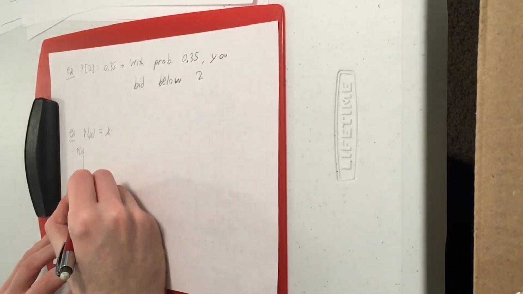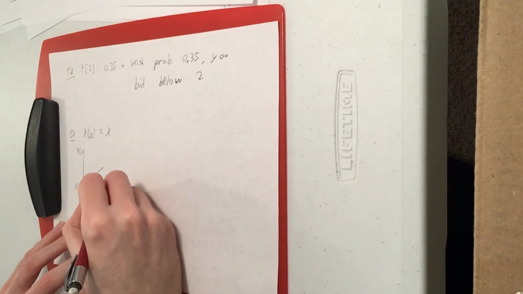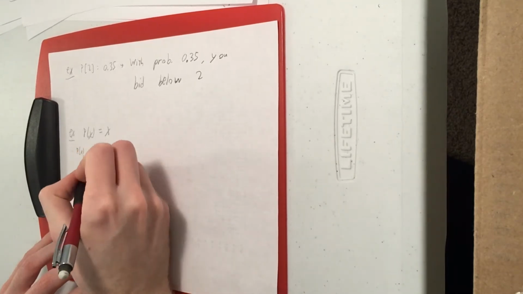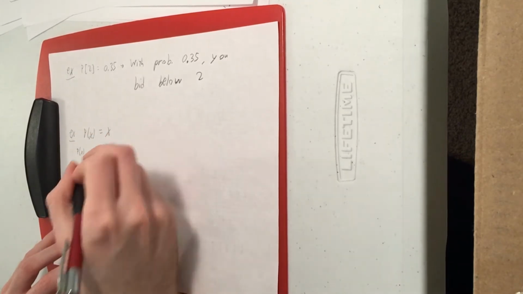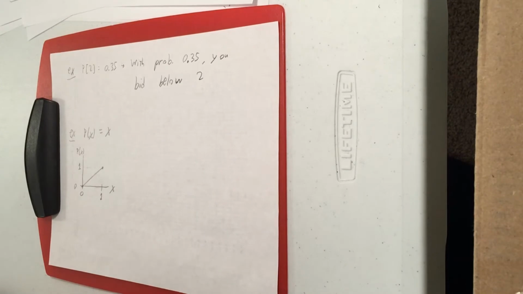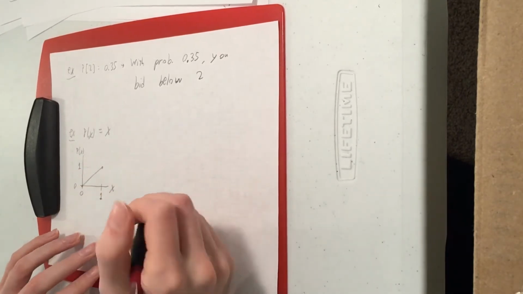And P of x is just a straight line. And that's going to stop here at 1 because probabilities cannot exceed 1. So what that tells you is that the probability of bidding less than 1 is 1.